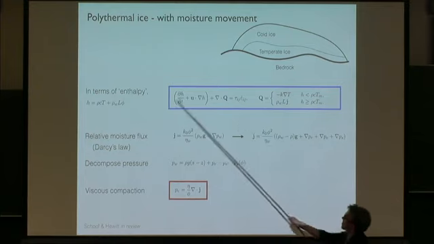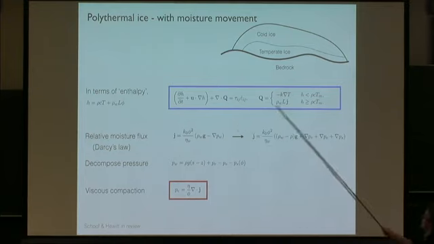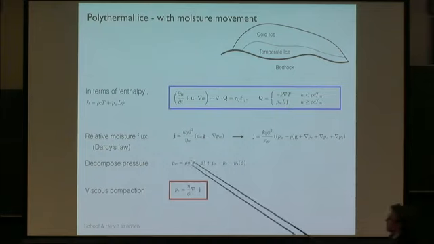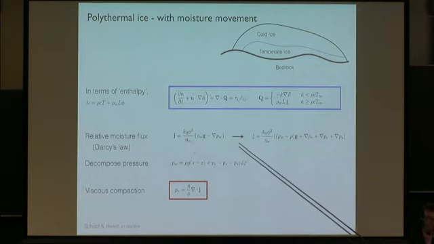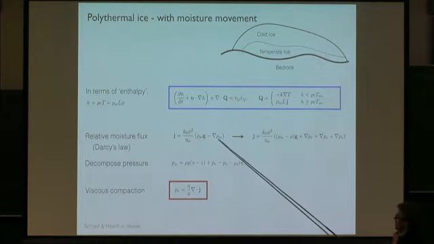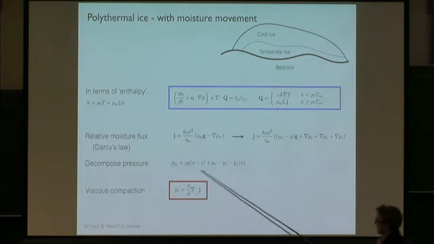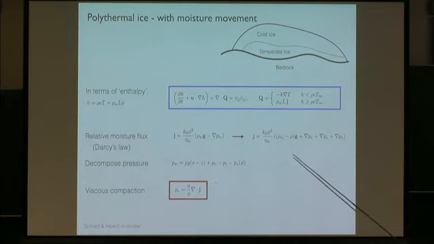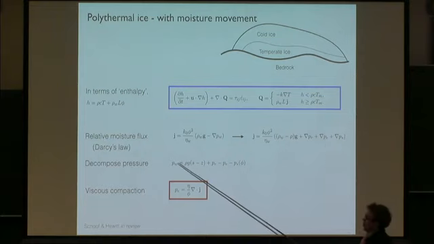So I've just rewritten that equation in terms of the enthalpy again, and so there's this J in here. I've got to decide what that is. So I'm going to use Darcy's law, like this. And then I'm going to decompose this pressure into lots of terms. This is very similar to what we saw this morning, what Mark was talking about. So this is the pore pressure.